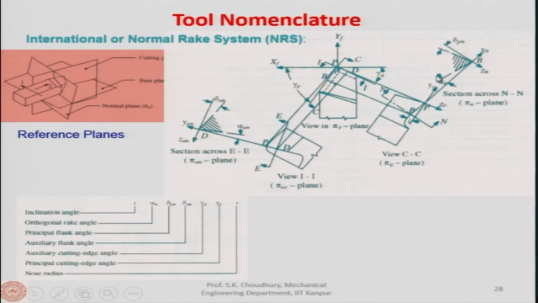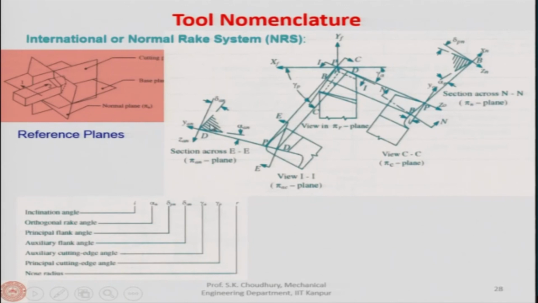One angle is called the normal rake angle and another is called the auxiliary normal rake angle, because this view is along the auxiliary cutting edge, and this is normal to the cutting edge.